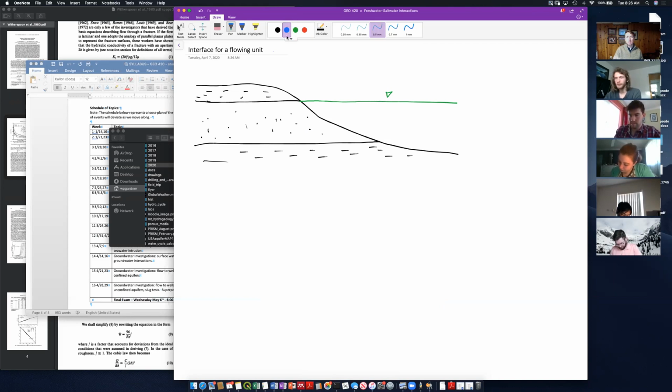And that we've got a water table that slopes, or a potentiometric surface, not water table, that slopes upward in our aquifer. So this is the potentiometric surface of the confined aquifer.